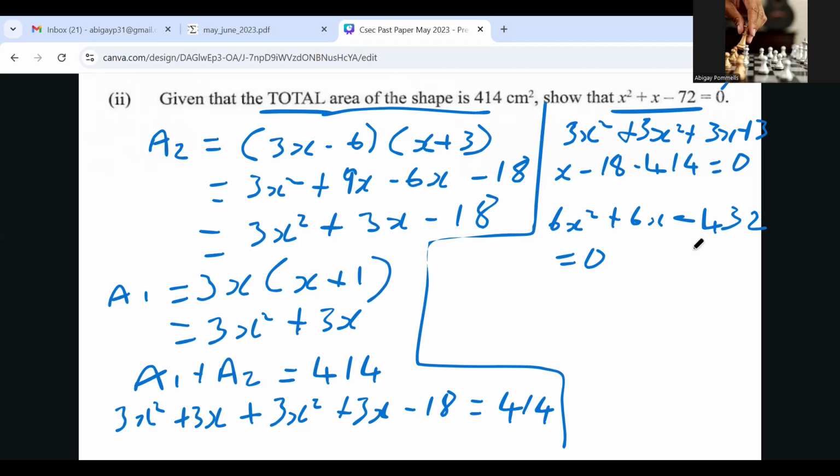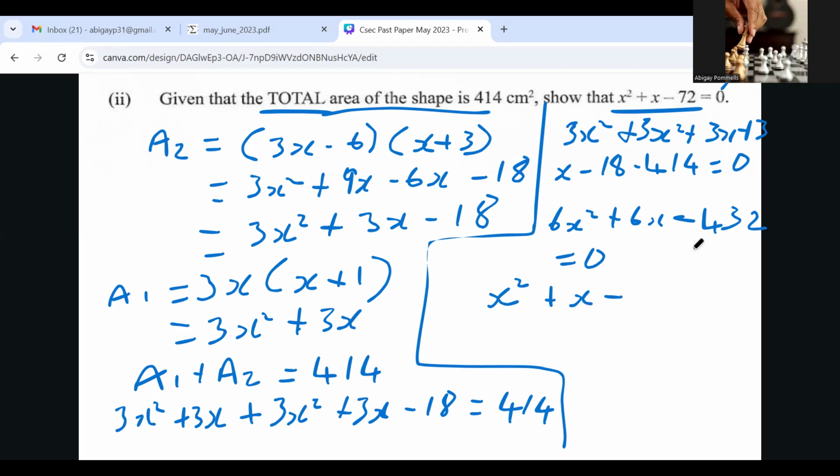So what we're going to do is divide everything by 6 to see if we can get everything back. So 6 into 6x squared is going to leave x squared. 6 into 6x is going to leave x.